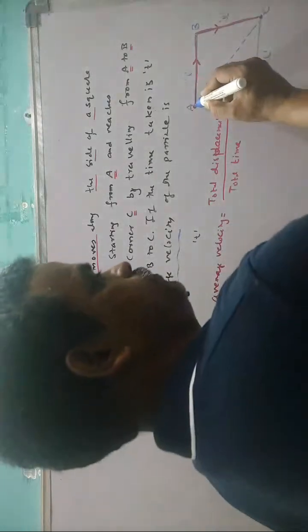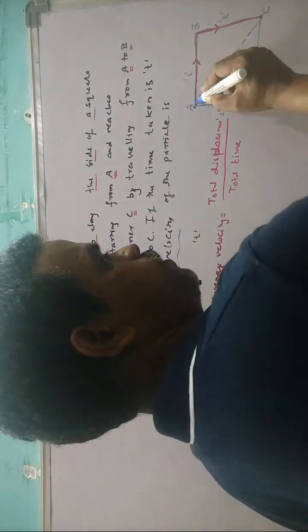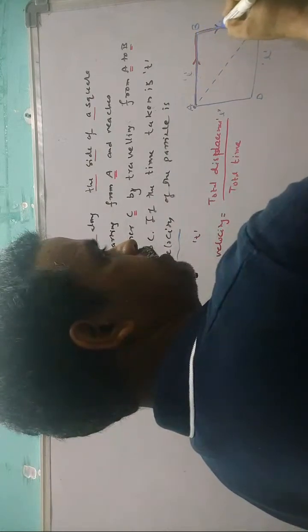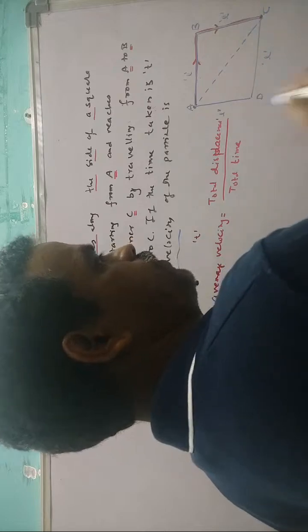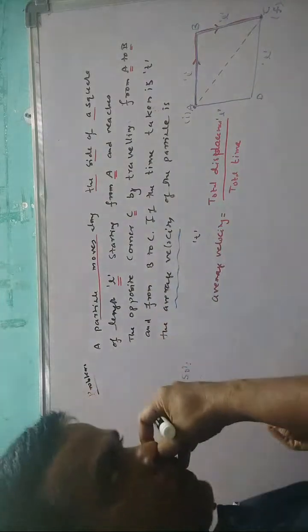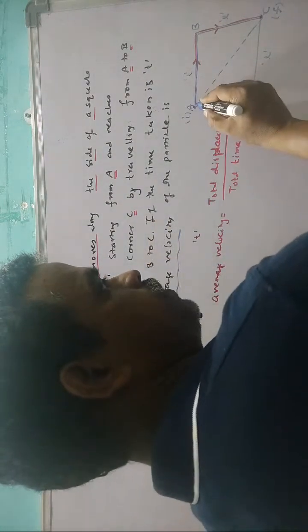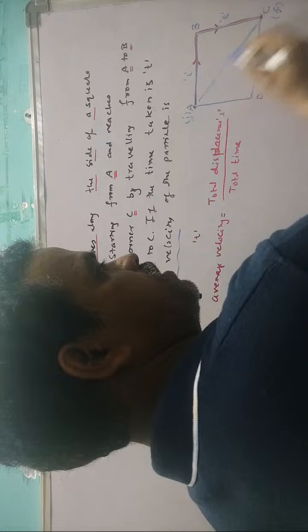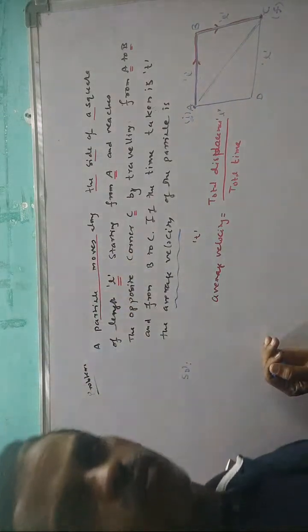Here a particle started from A and traveled along A to B, then along B to C, finally reaching C. So this is the initial position and this is the final position of the particle. What we require here is the displacement of the particle, the shortest distance between initial and final positions.